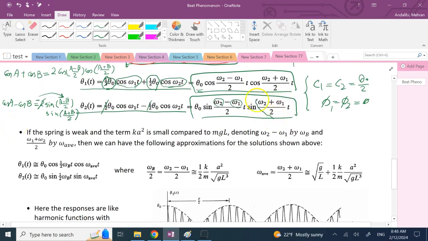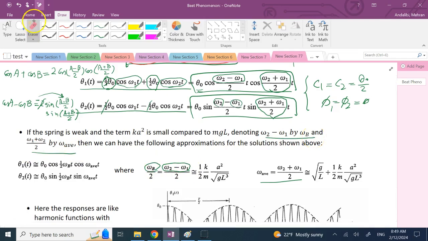This average frequency here, we call it omega average, and this subtraction of the two frequencies, omega 1 minus 2, I call omega B. Okay?